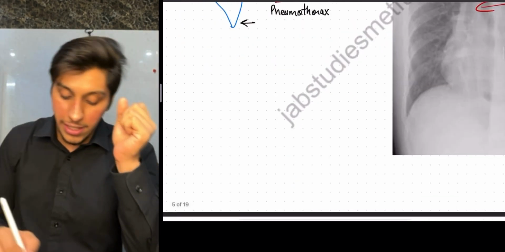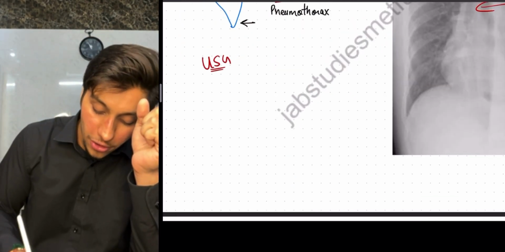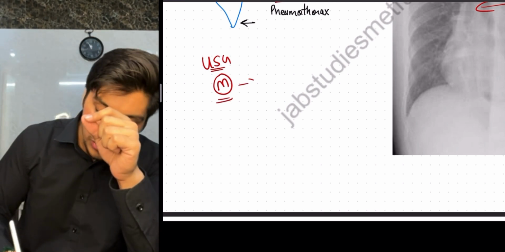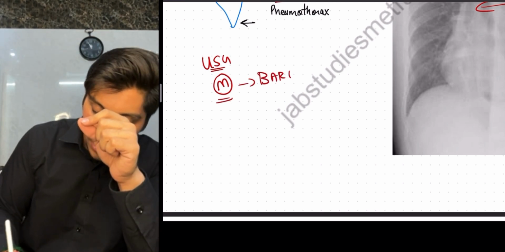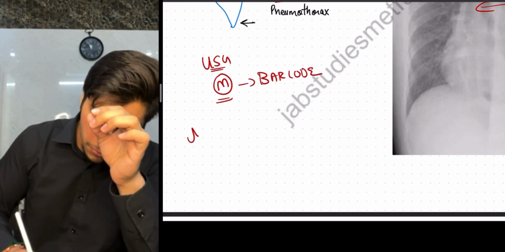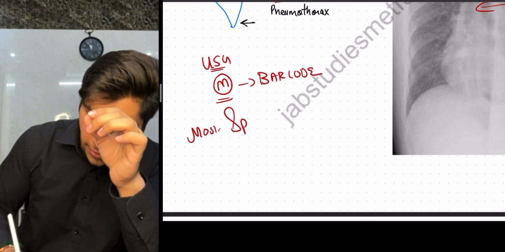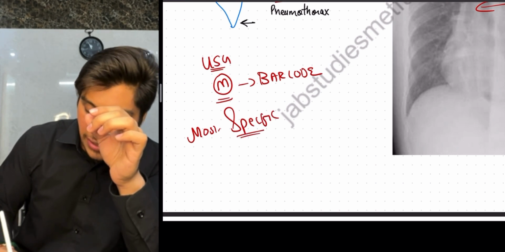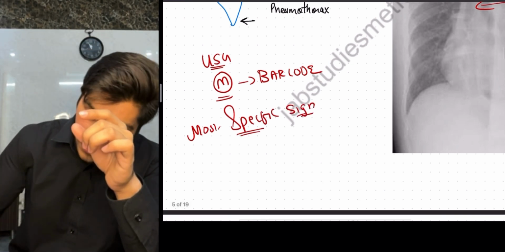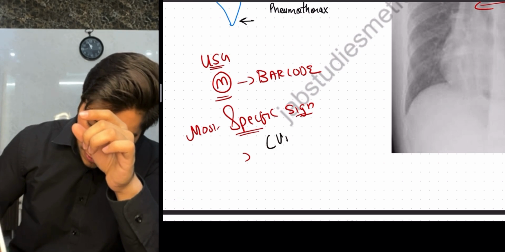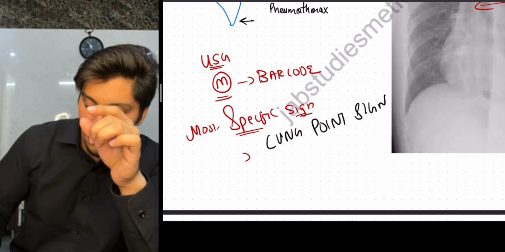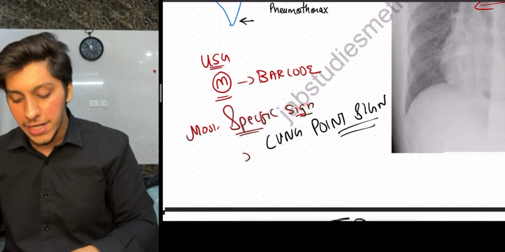And on ultrasound, in M mode, you see two signs. One is the barcode sign, also known as the stratosphere sign. And if they ask you the most specific sign in ultrasound M mode, that is going to be the lung point sign. We have already discussed this in detail in radiology.